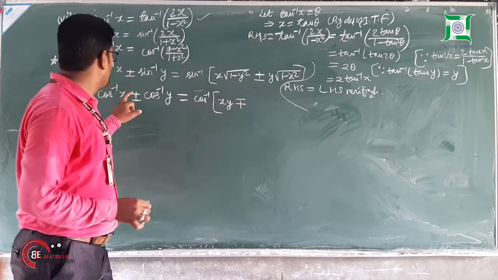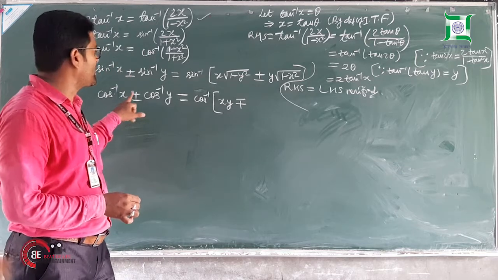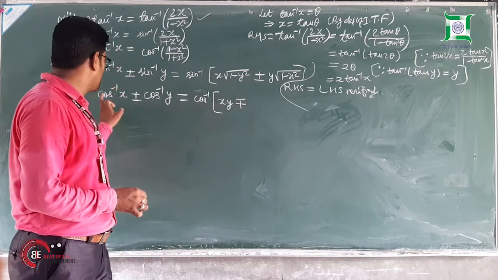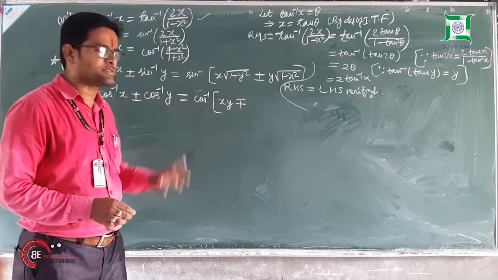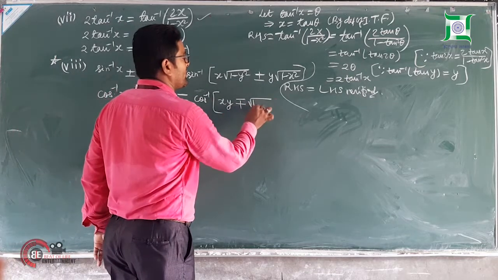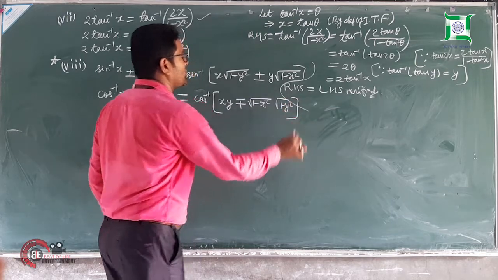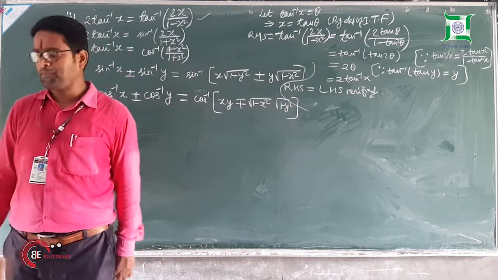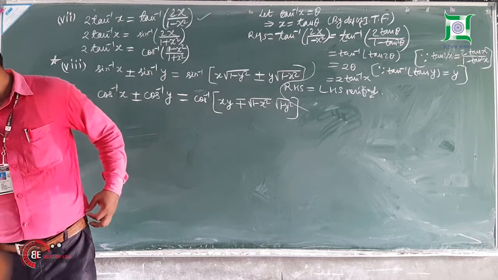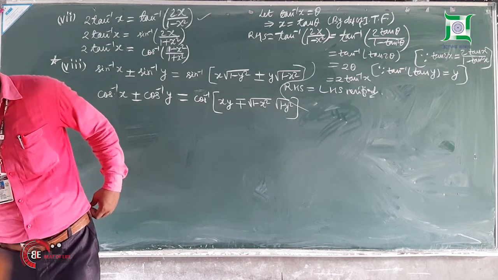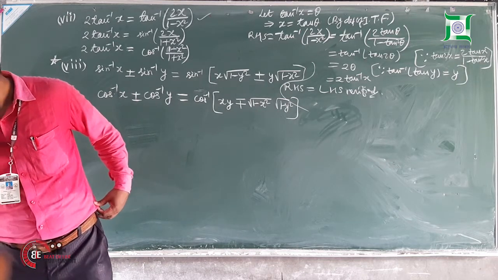Remember that. For cos inverse x plus cos inverse y, we have to write the minus sign. For cos inverse x minus cos inverse y, we have to put the plus sign. It will be root under 1 minus x square into root under 1 minus y square, bracket closed. Try to understand this formula: xy plus minus plus root under 1 minus x square root under 1 minus y square.